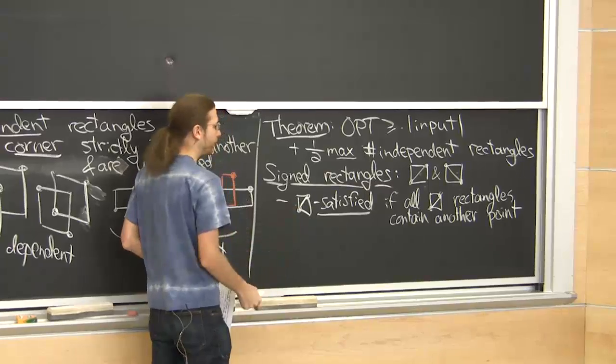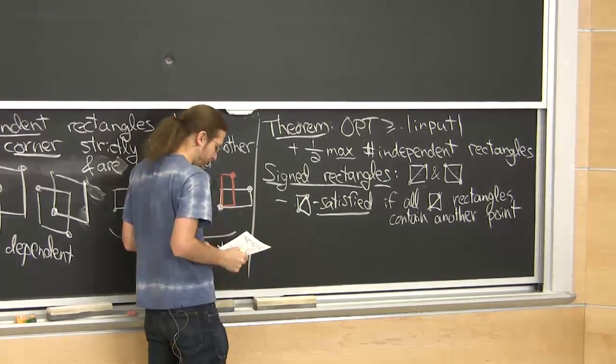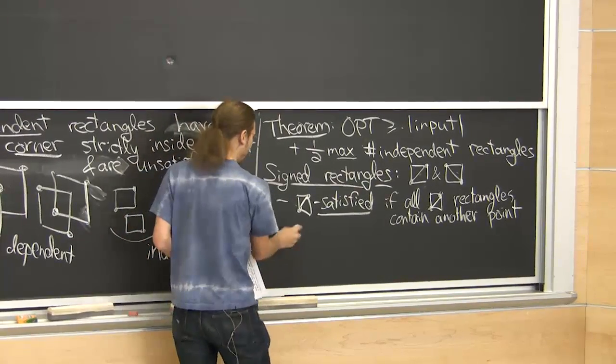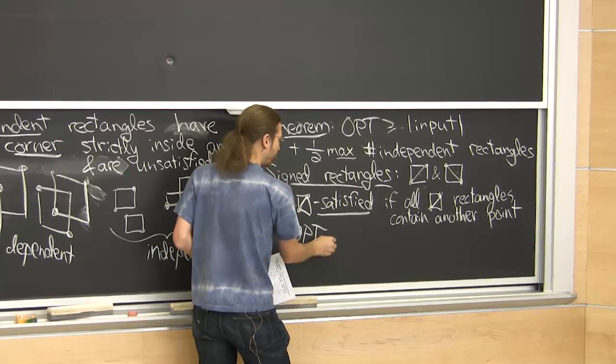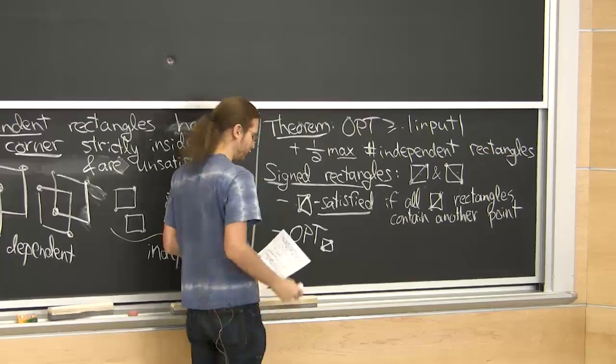But now we're going to look at point sets that are just plus satisfied or point sets that are just minus satisfied. And then we can look at the optimal solution if you only care about plus rectangles.